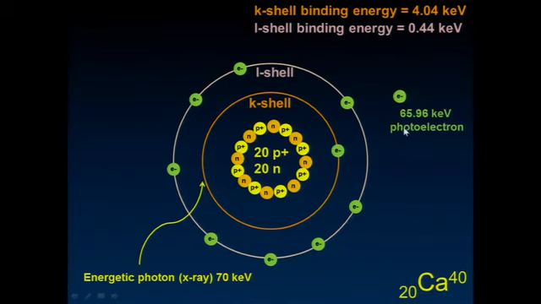So the energy that they have is now the energy of the initial X-ray minus the binding shell energy. So quite an energetic photoelectron floating around now interacting with those tissues.